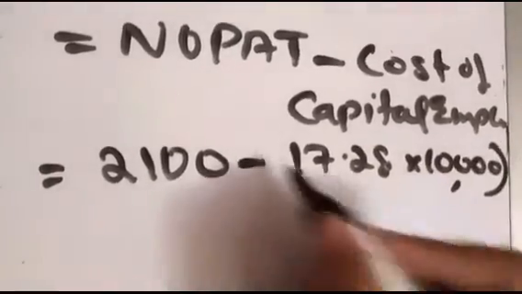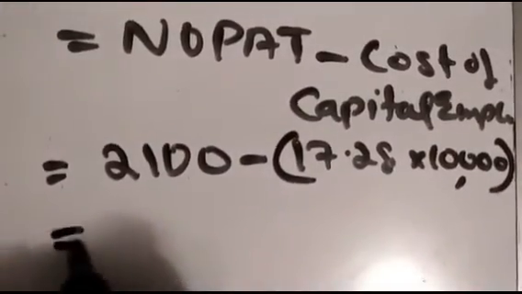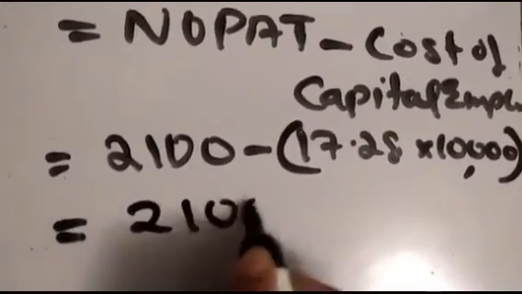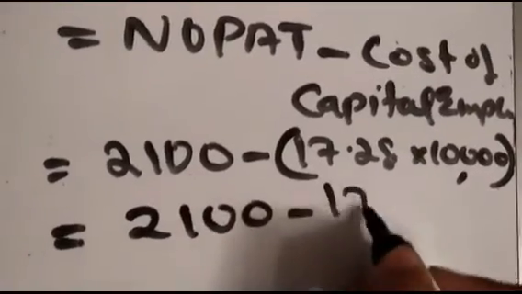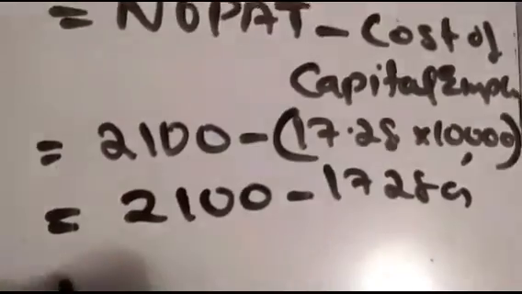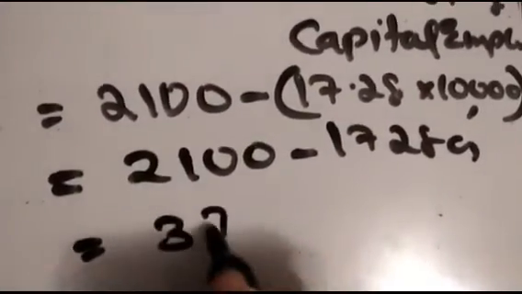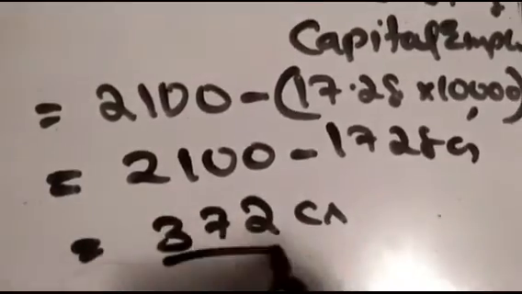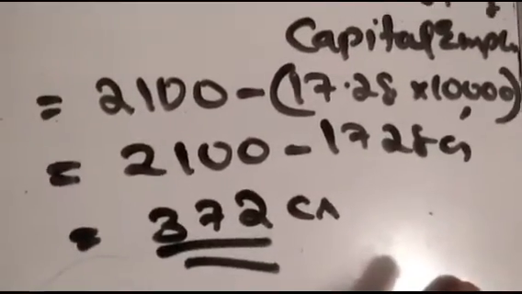We calculate it and we'll get 2100 crore minus 1728 crore, which is equal to 372 crore. So this is the economic value added.